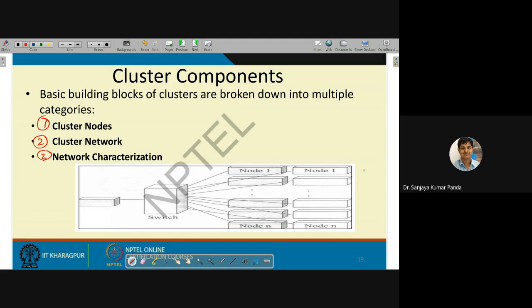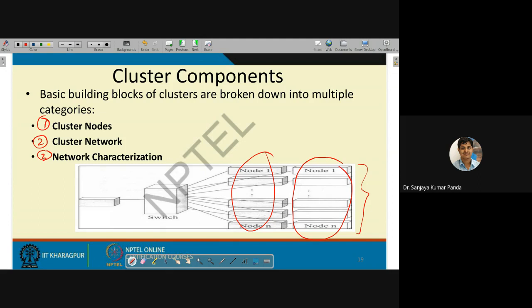So these are called your nodes. There may be multiple clusters also. Assume that in each and every cluster, if you have n nodes, you can consider this one as a cluster. You can consider this one as a cluster. Like that, there may be a number of clusters also, right? So we need some centralized unit or a manager to coordinate among these different clusters.